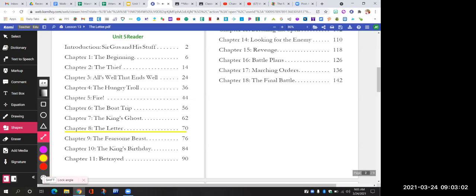"Your Majesty, I apologize for my late arrival. I had a nasty run-in with a llama near Old Stone Bridge," explained the knight. "A llama?" exclaimed the king. "I didn't know that we had llamas in our kingdom." "Indeed, nor did I, Your Majesty," replied Sir Gus.